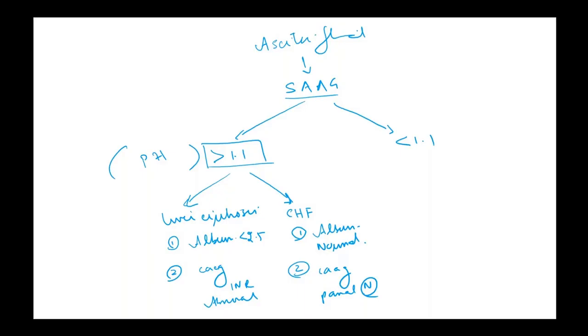Now let's say the SAG is less than 1.1 and patient has ascites. Now what is the cause of ascites? In this kind of situation, the most common thing you should think about is kidney. Look at the UA, urine analysis, and you will see proteinuria. So patient is actually losing protein in the urine, which is decreasing oncotic pressure, resulting in ascites.